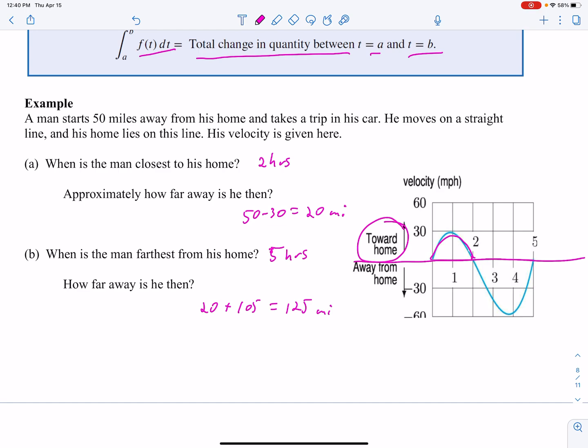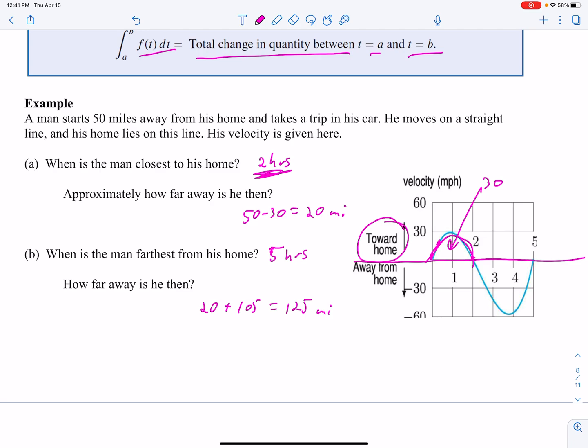All right? So notice, and then they're going to tell you the area of this curve. We have to tell you this. There's no way to calculate it right here. The area under this curve is 30. All right? So he's closest to home after 2 hours because he's moving towards his home for those 2 hours.